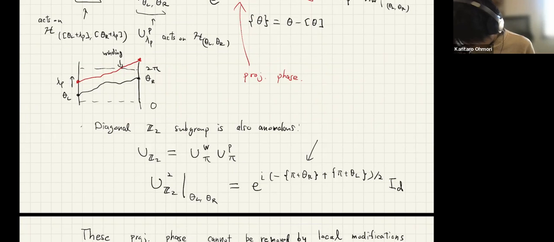This is non-zero when theta R is between 0 and pi and theta L is between pi and 2 pi, or vice versa.